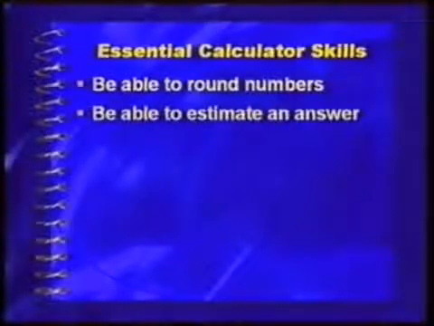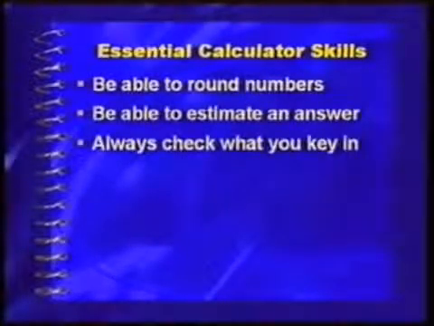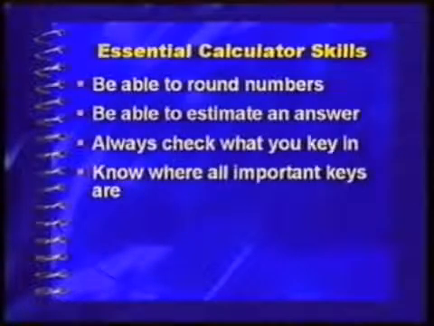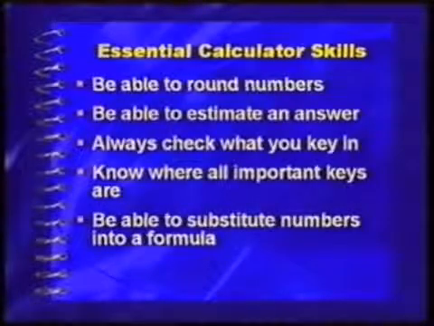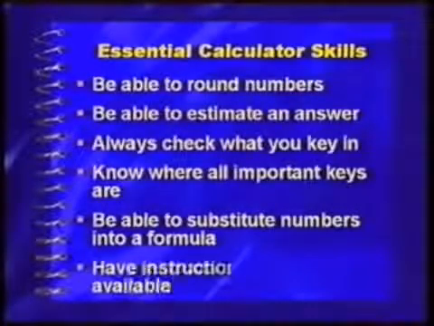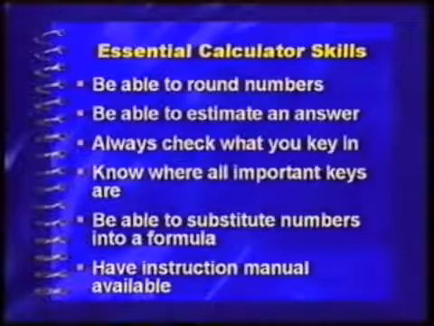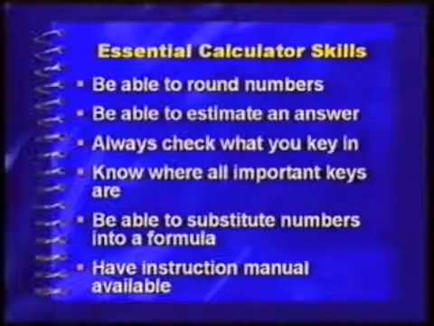You have to estimate an answer. You should always check what you have keyed in, very important. Know where your important keys are. And you have to be able to substitute numbers into a formula. The other thing is, the instruction manual is very important. A lot of students tend to lose their instruction manual, and then they're lost.